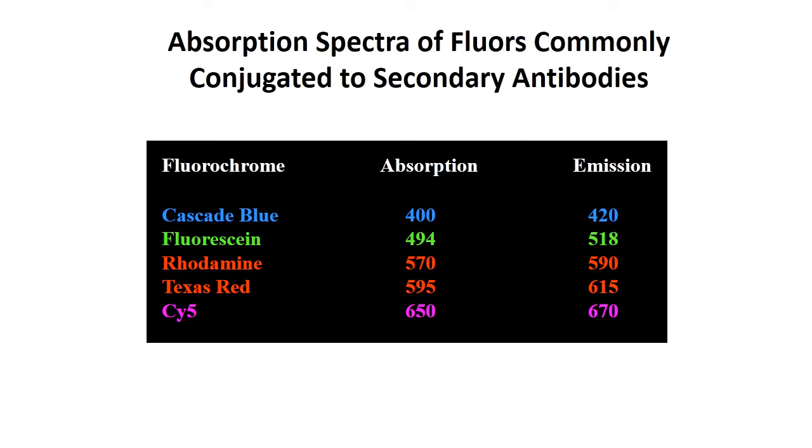This chart shows the absorption and emission spectrum of different types of fluorochromes. So these fluorochromes produce fluorescence in different ranges of wavelength, and therefore it corresponds to different colors.